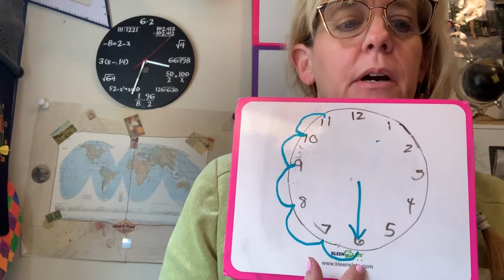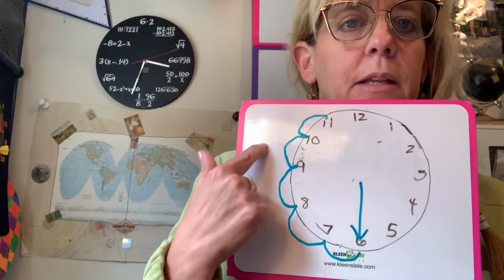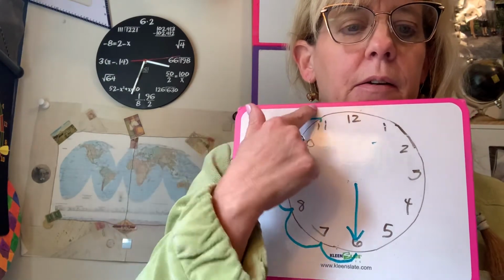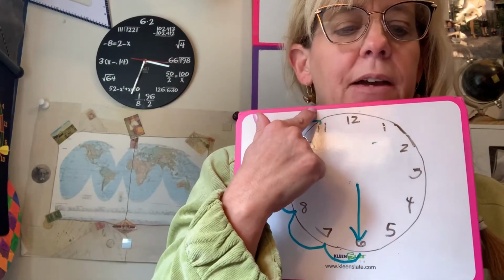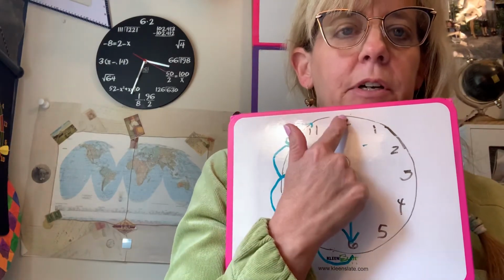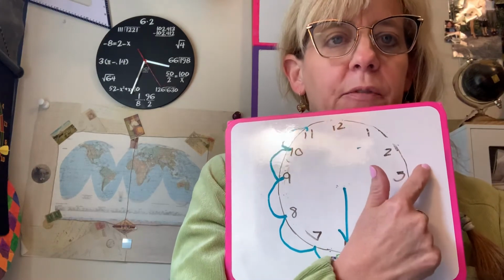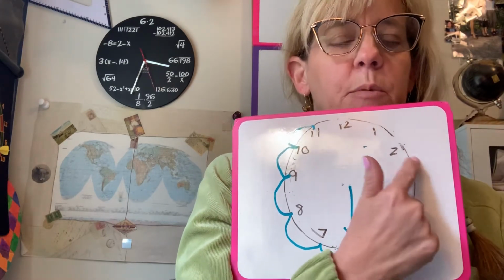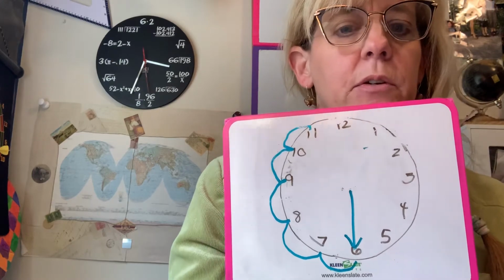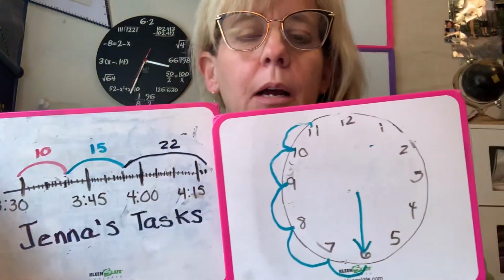But you would go, okay, so 5, 10 is the first one, 20, 30, so we got 25, and then you're going to add 22 minutes to that, and then you'll have 30, 35, 40, 45, 46, 47. So you'd have a total of 47 minutes going around the clock. So those were two different ways that you could count with your clock.